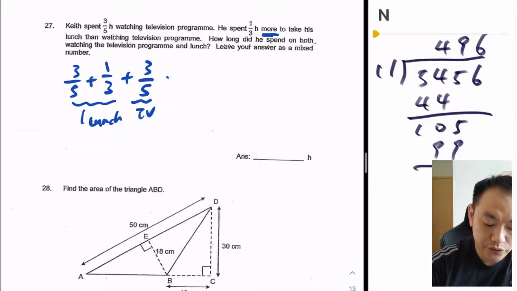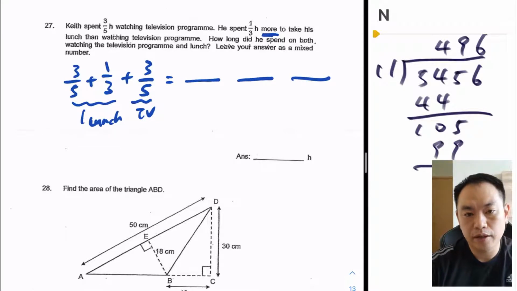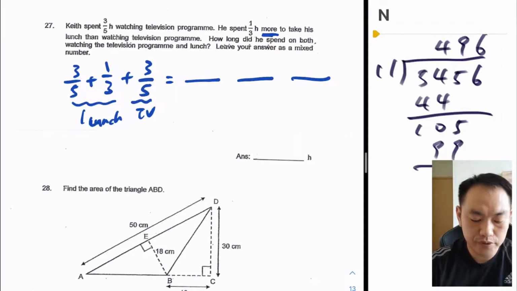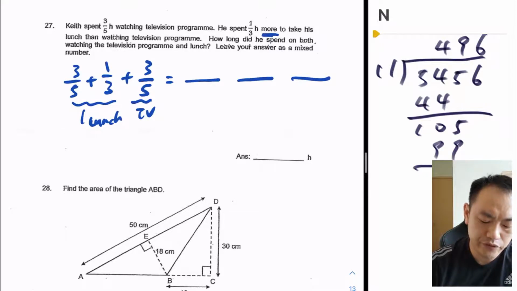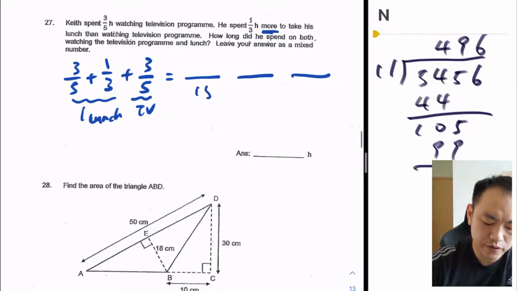So how do you add them together? You need to find the common multiple. At the bottom you have 5 and 3. So the common multiple of 5 and 3 is 15. So you convert everything into 15 and you add them together.